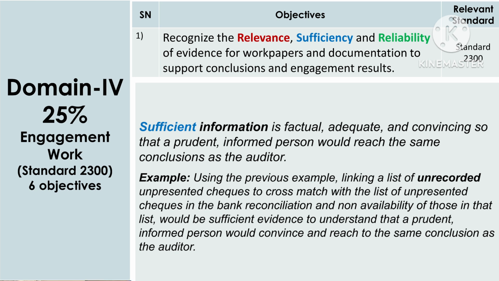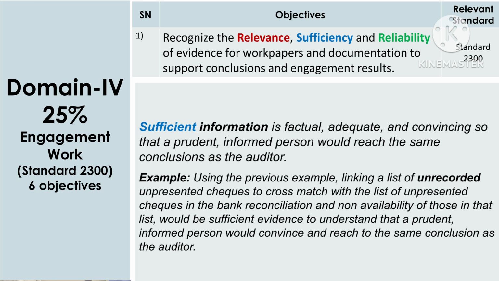For example, using the same previous example, we were linking a list of unpresented checks to cross match with the list of unpresented checks in the bank reconciliation and their non-availability in that list. That would be sufficient evidence for a prudent, informed person to be convinced and reach the same conclusion as the auditor.